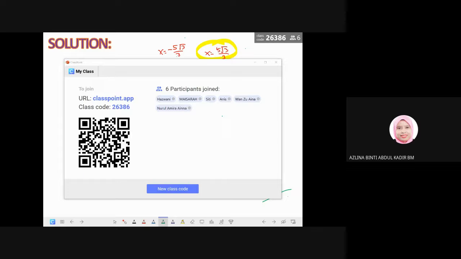Tak. Mami ada kelas. Sekejap. Cepat masuk. Kod dia 26386. Baru 8 participants.